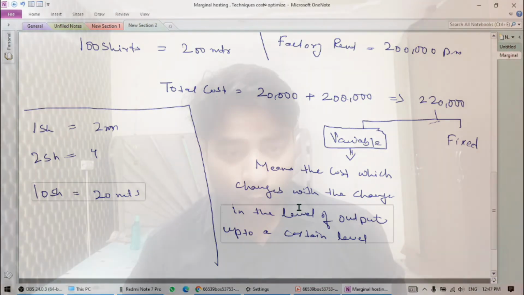So what we can do is bifurcate the cost into two costs. One will be the variable cost and one will be the fixed cost. Variable cost is simple, it means when we produce more, the cost will be more.